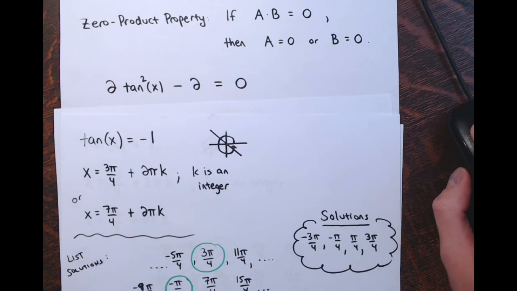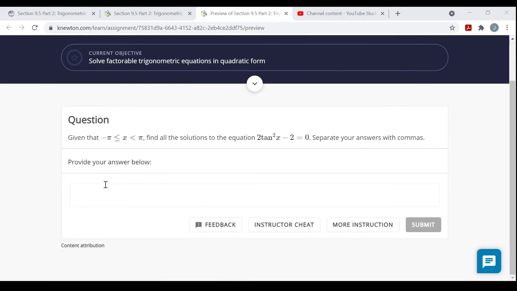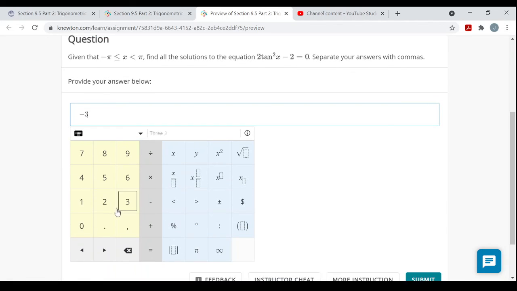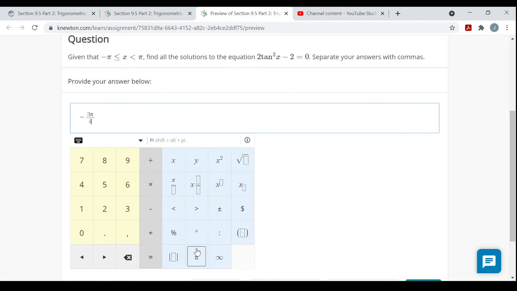All right, so back on the website, I'm going to enter all 4 of these values. Now you don't have to put x equals. You just put the numbers that are solutions. So one of these was negative 3 pi over 4. Then separate the answers by commas. Comma, negative 1 pi over 4.